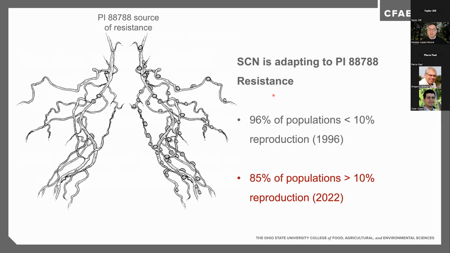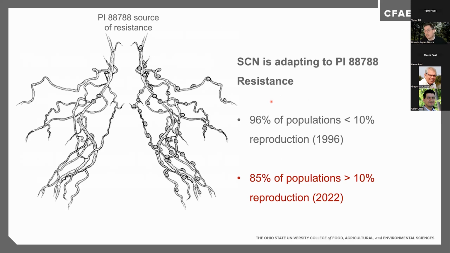Now, what does it mean that it continues to adapt and reproduce? Well, in 1954, we discovered soybean cyst nematode in the United States. Soon after, in all areas where soybean was produced, the nematode was reducing yield. Plant pathologists, agronomists, and plant breeders got together, screened several germplasms and lines to try and find resistance to soybean cyst nematode, and they did. Several, multiple.